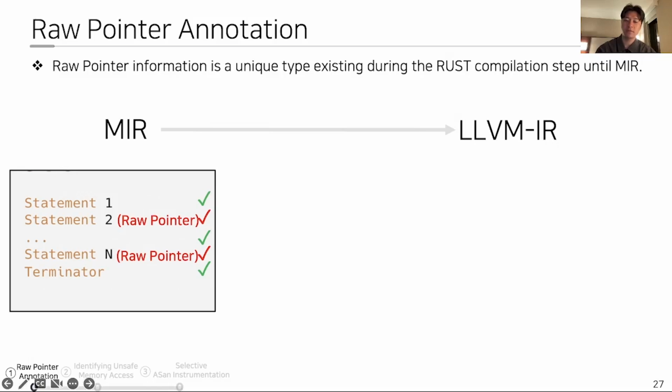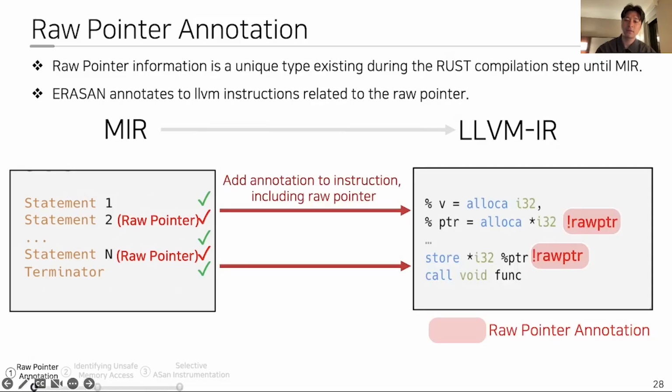To handle this problem, we find all raw pointers at the MIR level by modifying the Rust compiler code and annotate metadata information to the corresponding LLVM-IR instructions, which can be visible in the LLVM-IR phase. It enables us to preserve the raw pointer information in LLVM-IR for later static analysis.